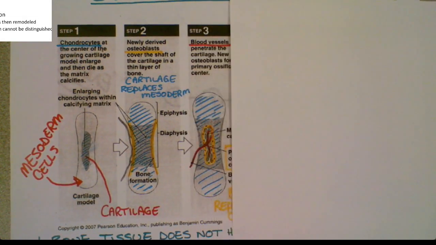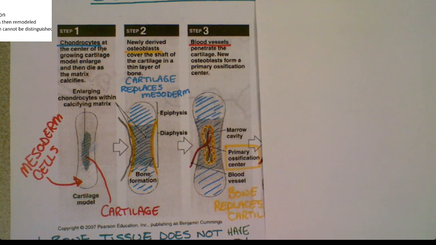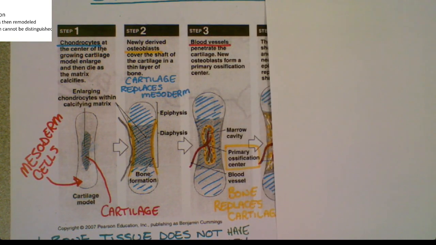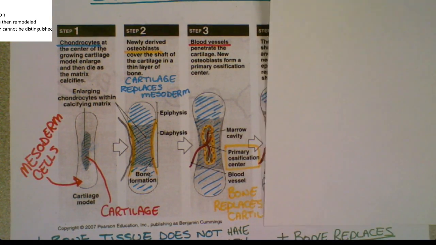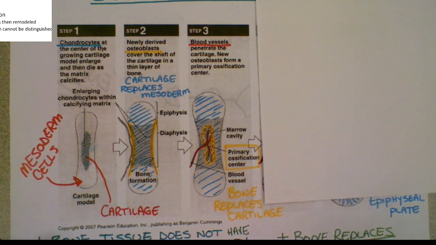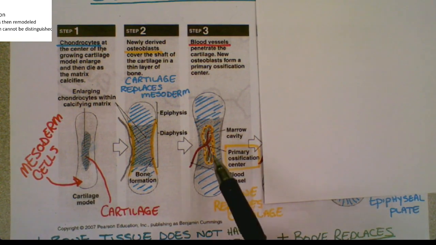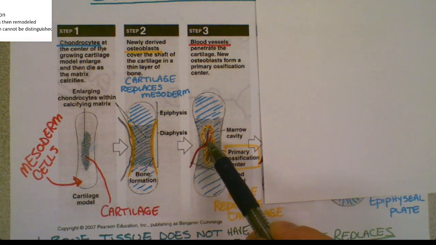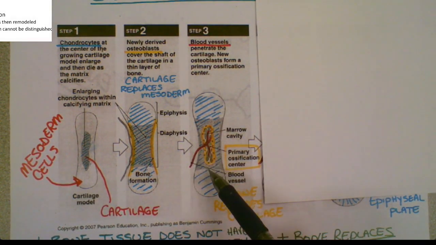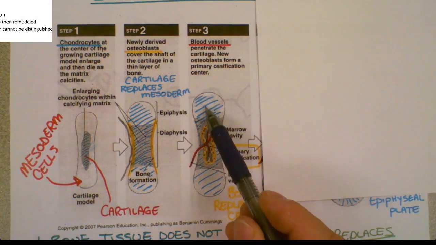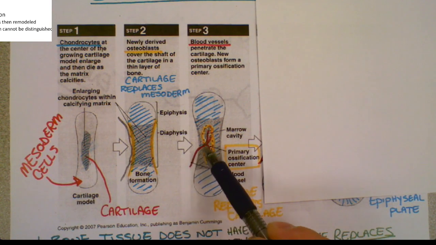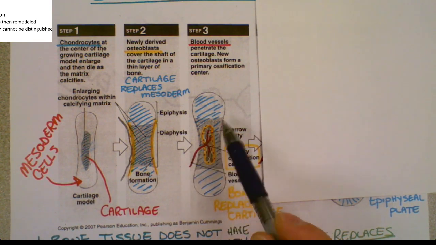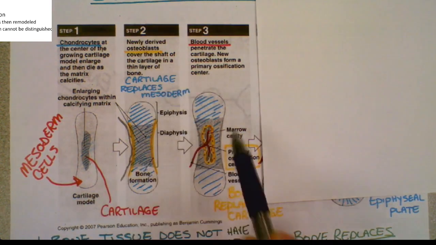Now, this is just going to progress. What happens is this skeleton begins to create blood vessels. And these blood vessels are going to flow into the shaft, into that medullary cavity of the cartilage, and bring in more osteoblasts.